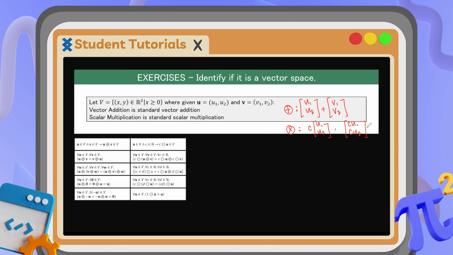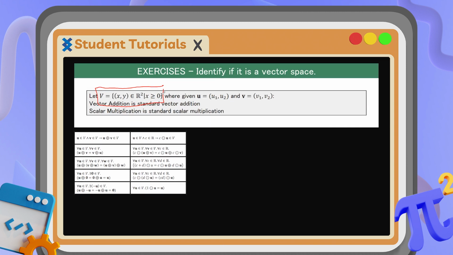Another thing to consider is the set over here. We have the set of (x, y) in R2, where x is a non-negative number. So we also need to take that into account when we add these together, or when we use these in evaluating the properties.